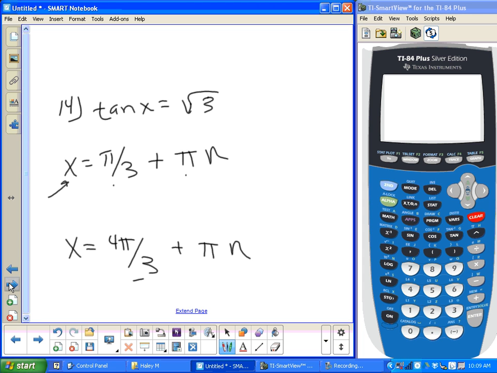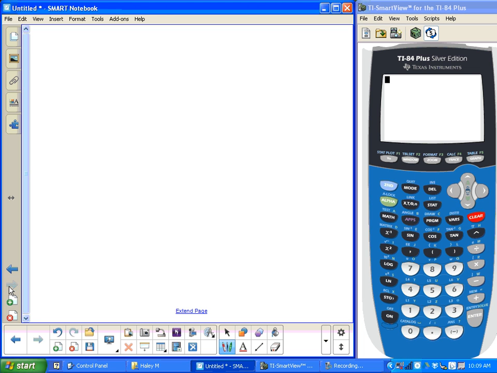Now, let's look at one we're going to have to isolate a little bit. Let's look at number 20. You'll figure this out fine too. You've got 2 sine x plus the square root of 3 equals 0. When you solve a trig equation, it's not really about isolating x. It's more about isolating sine x or cosine x or tangent x.